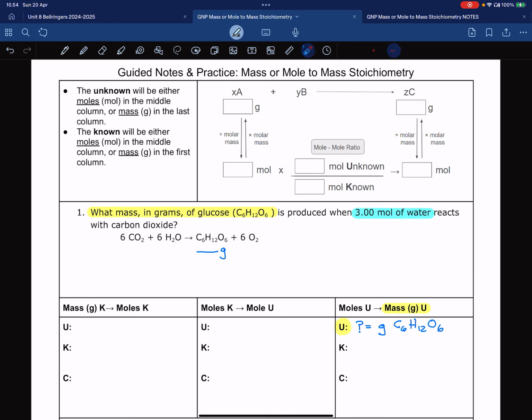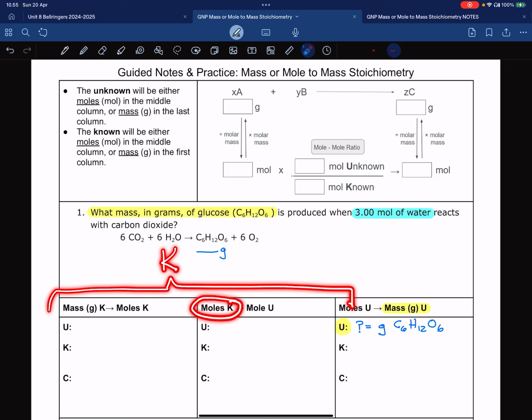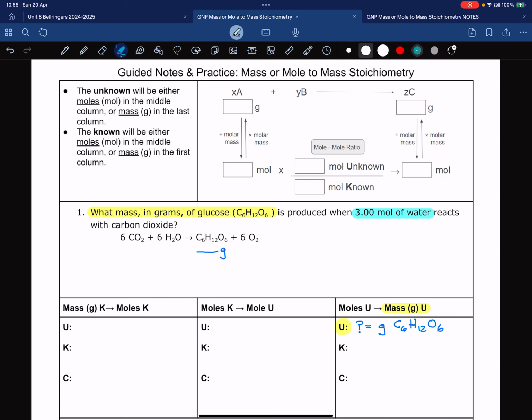I look in the first 2 boxes to identify where moles of the known is. And there's my known, and that is 3 moles water.